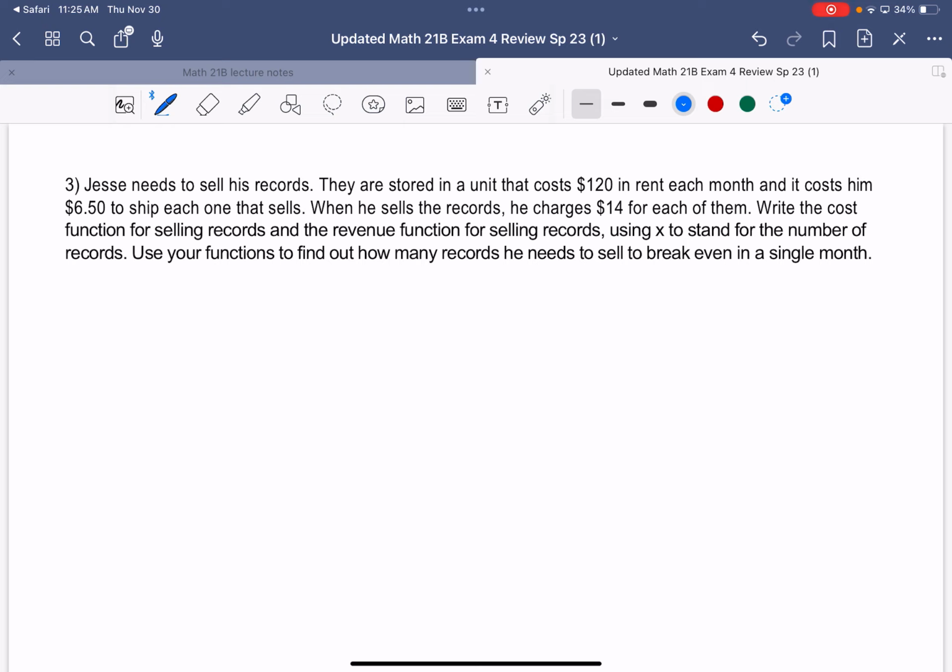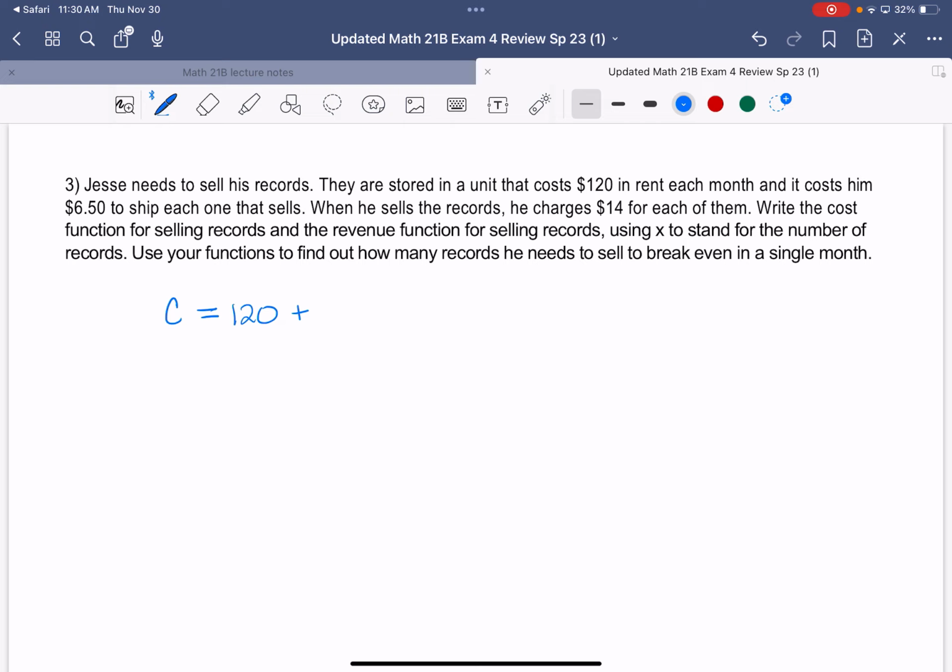All right, so I'm going to pause the video. Let's see how y'all did. So remember, we could break this down in essentially parts. First, finding the cost function. So the cost will equal. All right, so we know no matter what, Jesse needs to pay rent for the storage unit, right? And that's a flat rate. How much is that? 120. In addition to that, Jesse needs to pay to ship the records out.